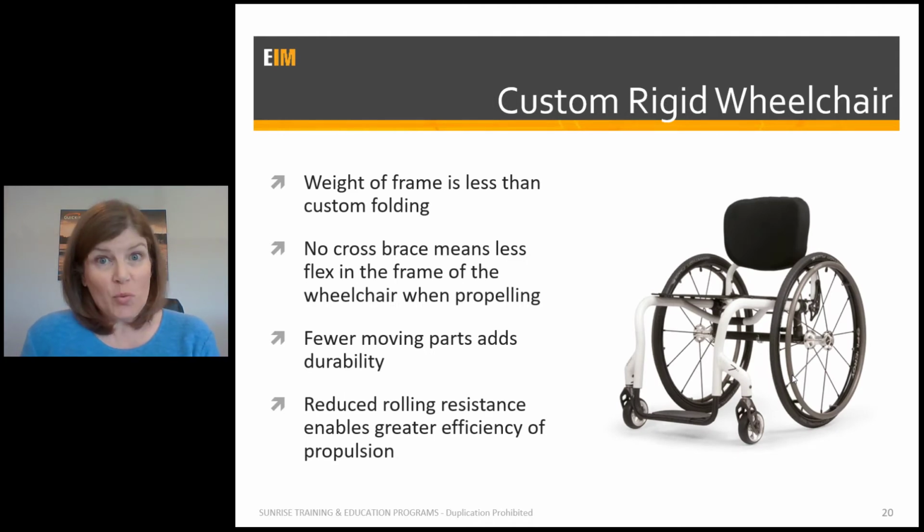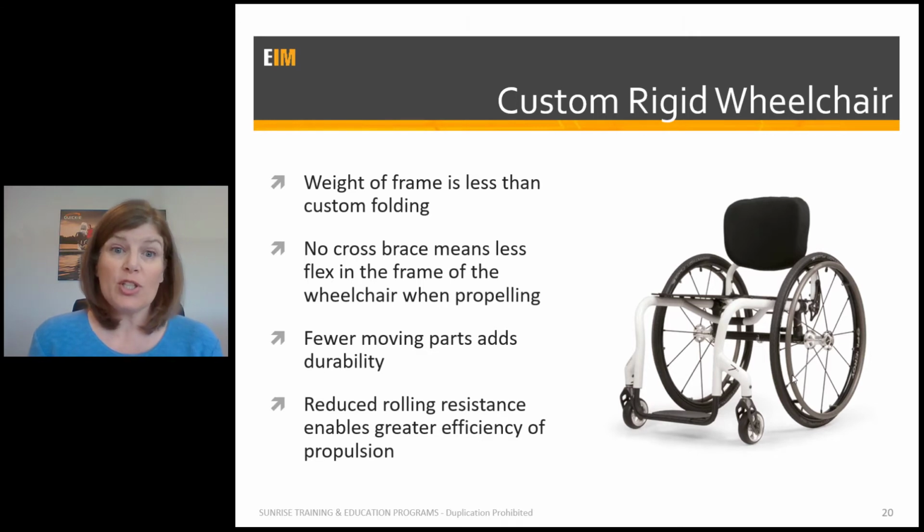In a custom rigid wheelchair, we are also looking at a wheelchair that is lighter in weight than the custom folding wheelchair. Part of the reason is because there are fewer moving parts on this wheelchair, and the components could be lighter in weight, as well as the design of the wheelchair.